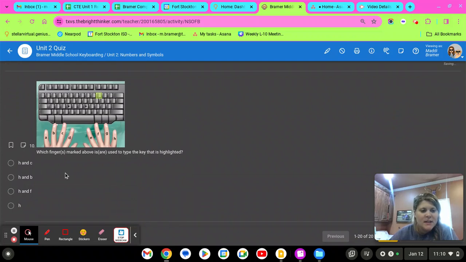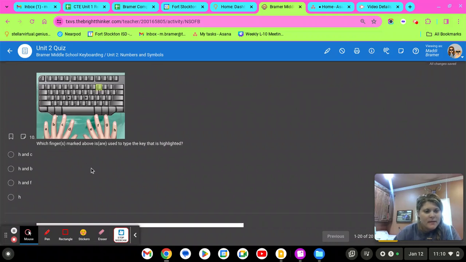And then number 10, what finger is used to type the key that's highlighted? So put your hand on there. And we're going to be using a shift key so that we can access the symbol. So we've got H right there.